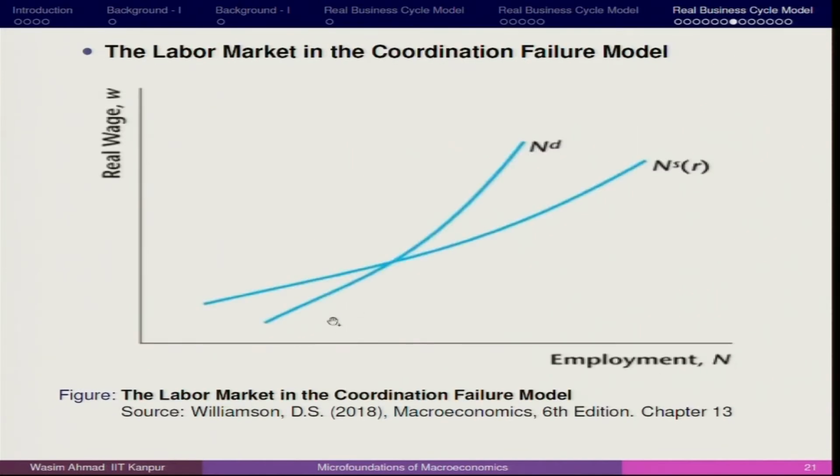It will always be the case that the demand for labor will be higher than the supply, so the slope of this will be higher than the slope of this. This has mainly to do with increasing returns to scale, and this is how we try to prove it.